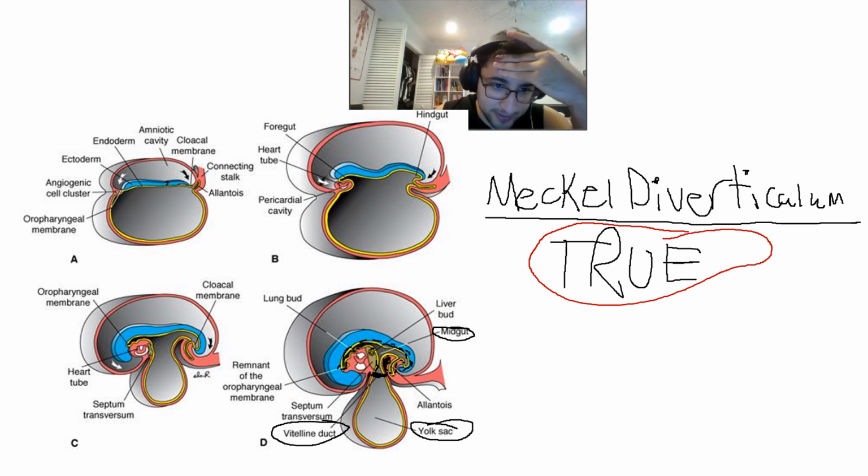It's derived from this lining here, and it's because the vitelline duct failed to degenerate, it's going to be a true outpouching that contains all of the layers. Why does it contain all of the layers? Because look at how the endoderm is going to be continuous with it. Hopefully you never forget this, because this is very, very, very important.